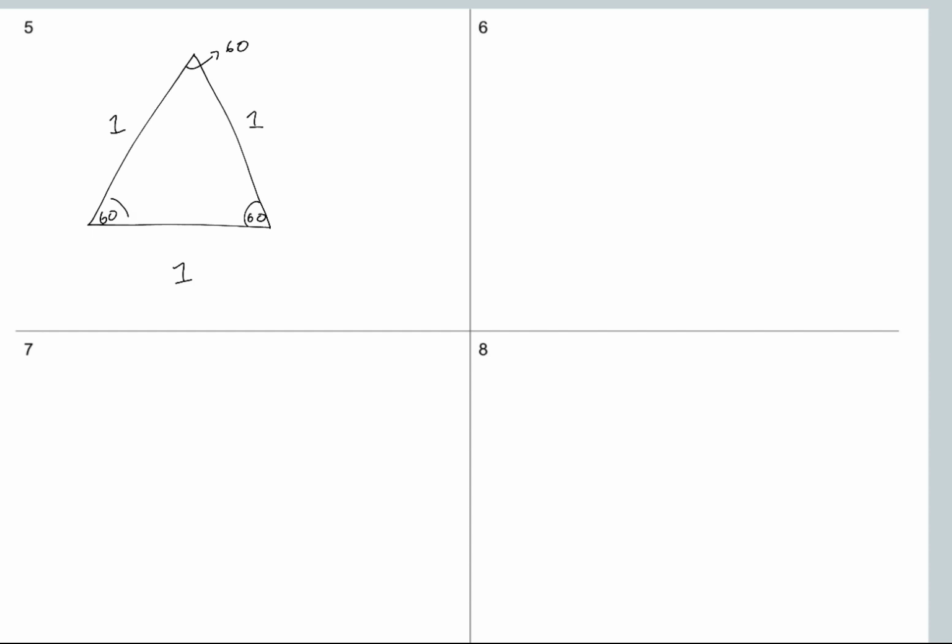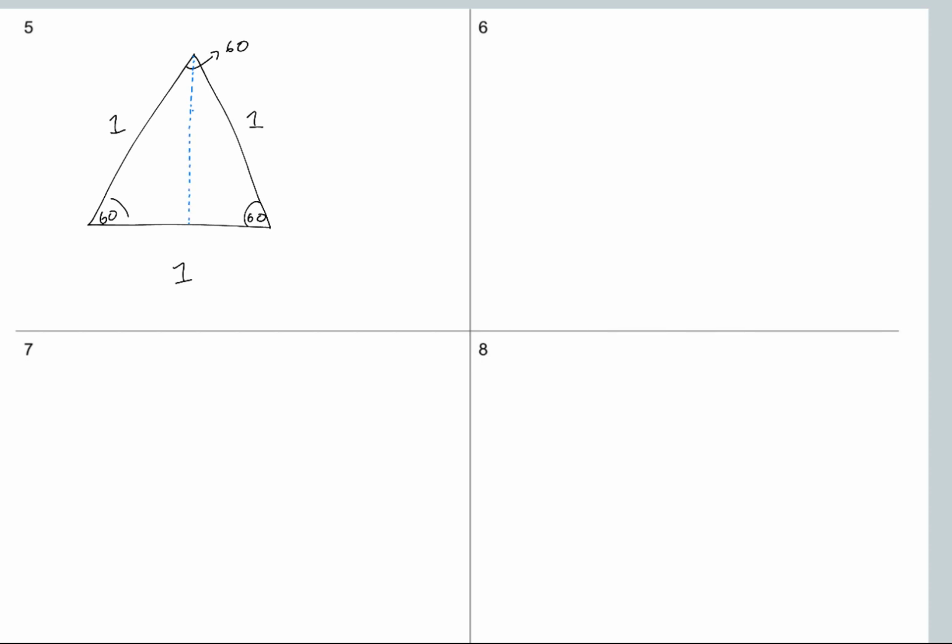Now, the reason why I've constructed it a bit weirdly is because I'm going to break this triangle into a right angle triangle so that we can deal with it. I'm going to do that by dropping down a perpendicular bisector.